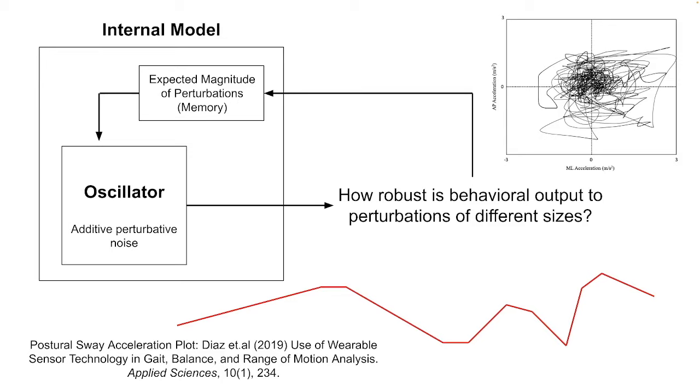And then you can ask the question of the output, how robust is the behavioral output to perturbations of different sizes? And so you can see a postural sway example at the top. And of course, postural sway, even when it's normally entrained, it has this sort of set of stochastic components in it. So we can actually think that the response to perturbation might be more a nonlinear effect than this.